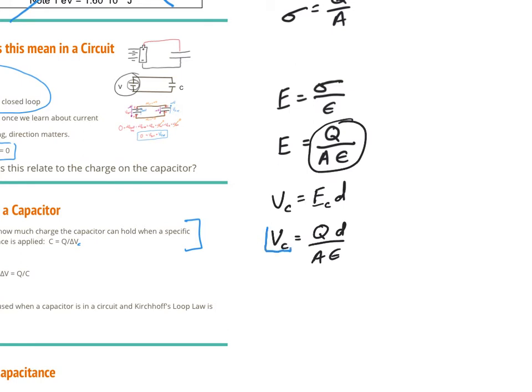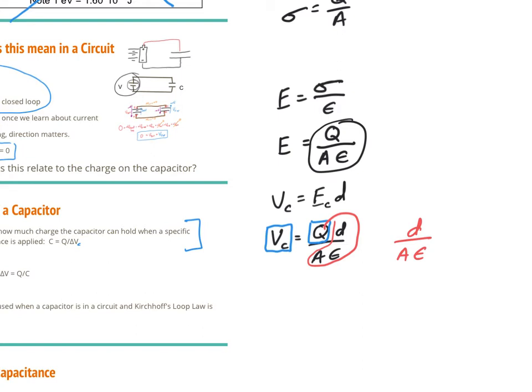V is an external effect, okay? Someone applied a voltage across the capacitor and as a result charged it up. All the residuals though, D over the area and permittivity, those are related to what the capacitor is made of.